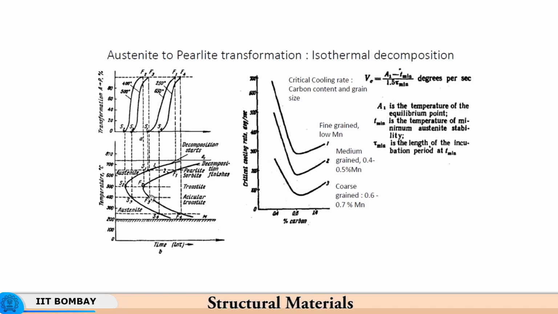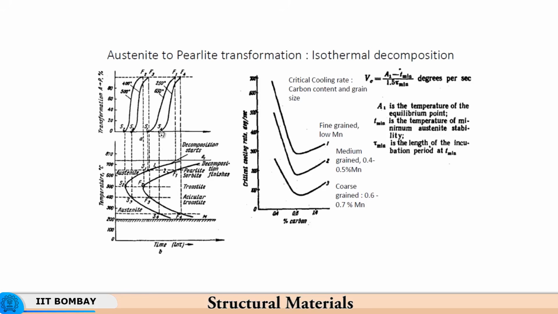On the other hand, if you start transformation at a much lower temperature, let us say you move rapidly up to this temperature, missing the nose of the TTT diagram. So, now everything is austenite up to this point and then hold it right up to complete transformation.